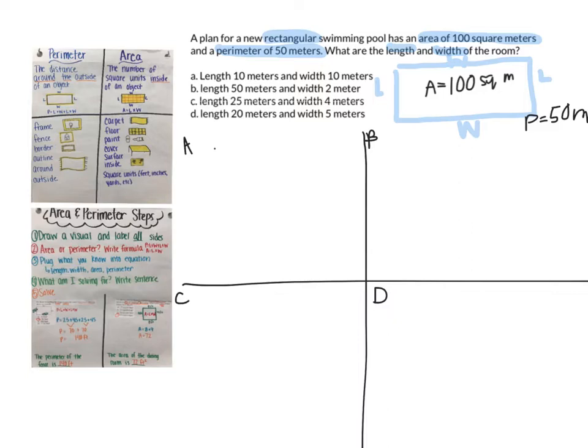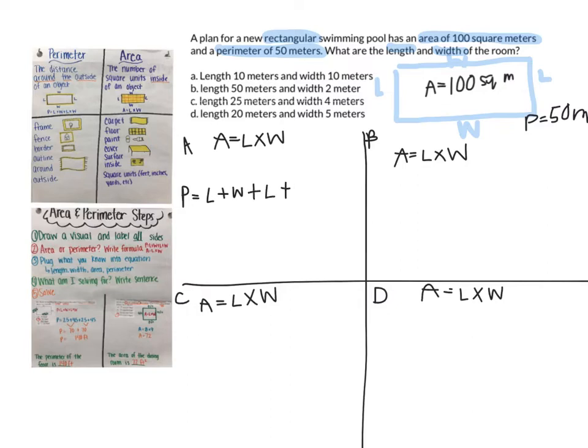Our formula for area equals length times width, and perimeter equals length plus width plus length plus width.